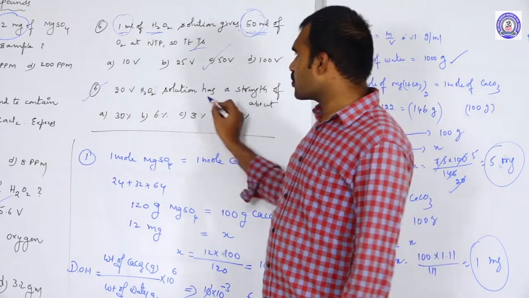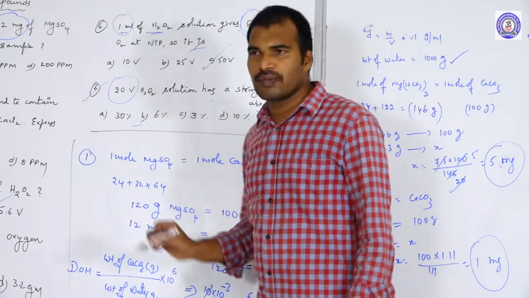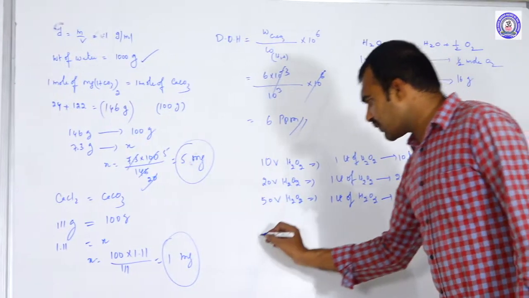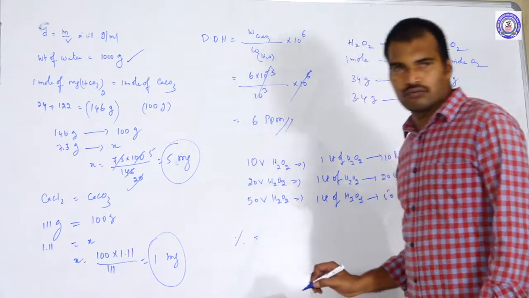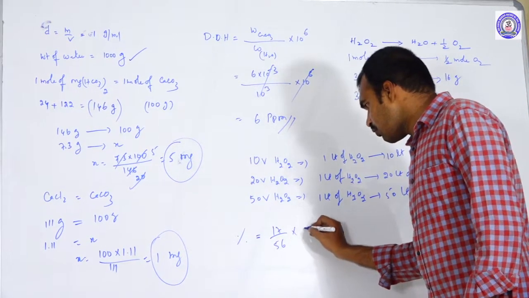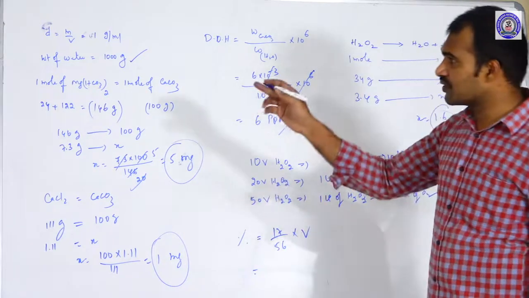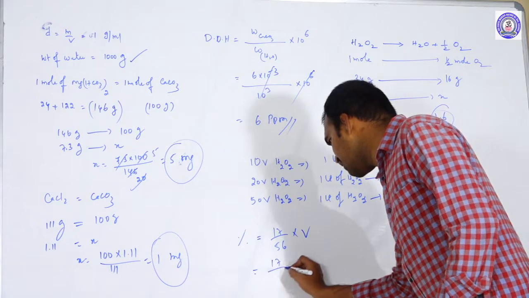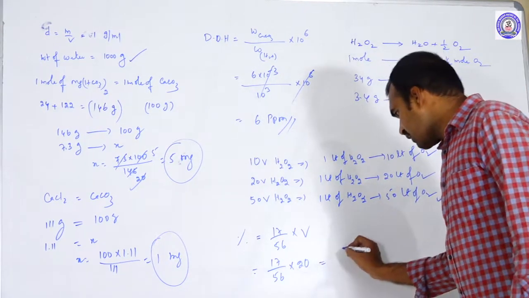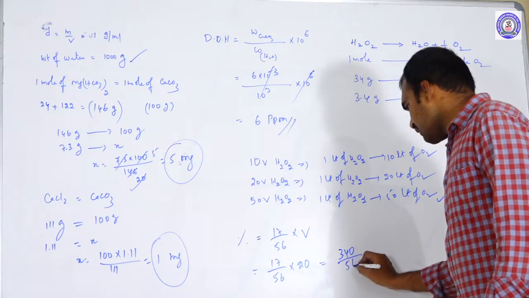20 volume H2O2 solution has a strength of about. So he has given volume strength, asking percentage strength. What is the relation between volume strength and percentage strength? Percentage strength is equal to 17 by 56 into volume strength. What is the volume strength they gave? 20 volume strength. So 17 by 56 into 20. Just simplify, that is 340 by 56.